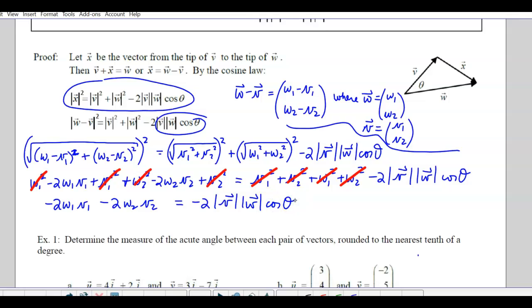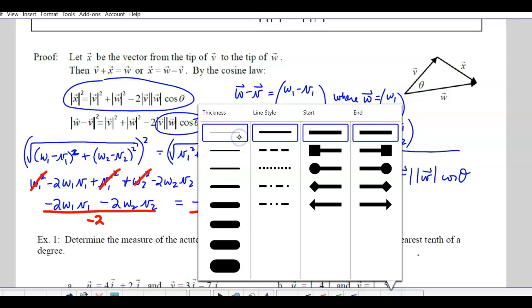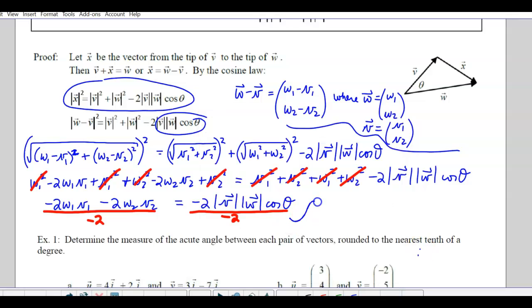Can divide by -2. And so we get w1v1 plus w2v2 equals magnitude of v, magnitude of w, cosine theta. Okay?